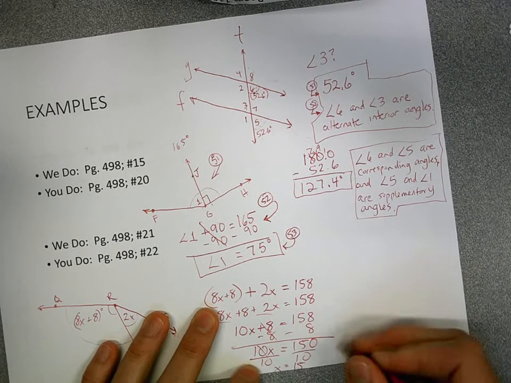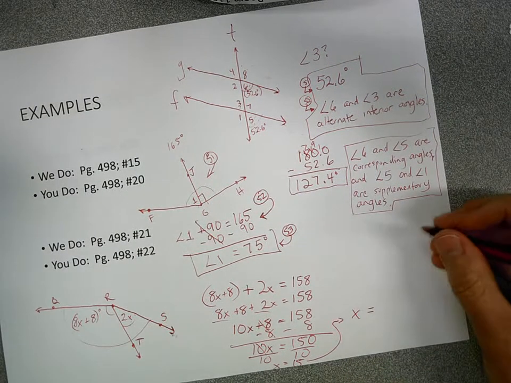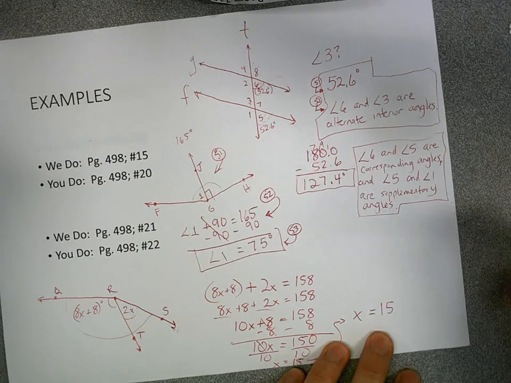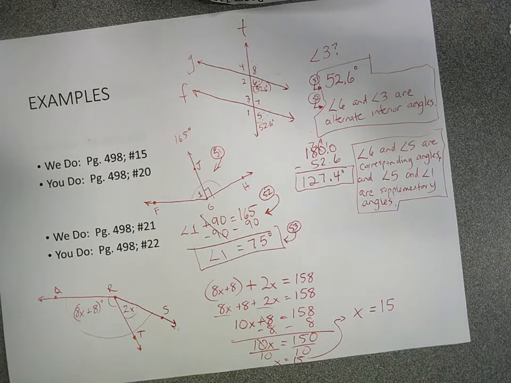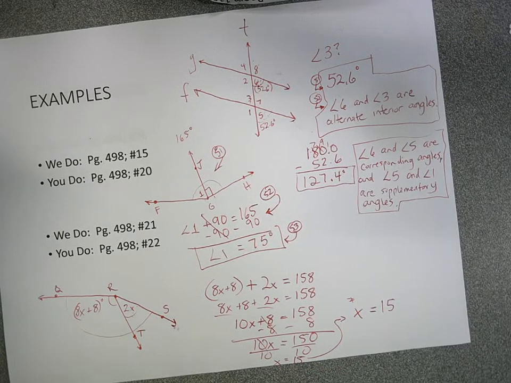Let me write that over here. x equals 15. Okay, now I do want to share this with you because you have to watch for this. If you got that, that's wonderful, but that is not the complete answer. So be careful on those, because they may ask you for x, but x might not be the angle.